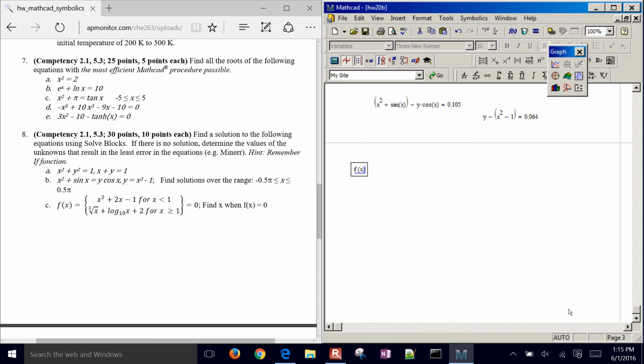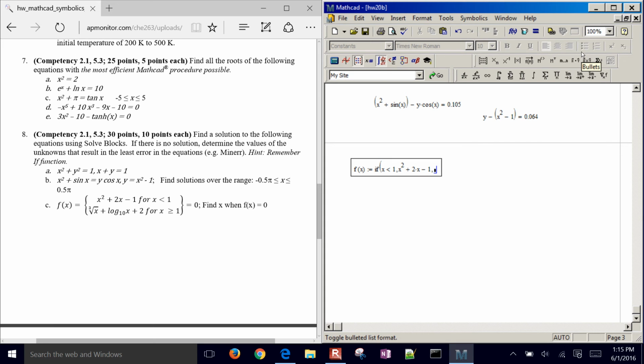Okay, so I have f of x, and I'll set that equal to if, and then I'll do x is less than 1. We'll do x squared plus 2 times x minus 1.